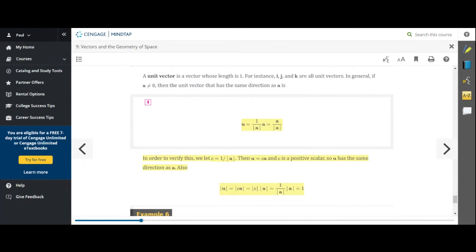I'm going to use length because we're in multivariable calculus. But the length of c times a, you can factor the scalar out, and the scalar is defined as 1 over the length of a, and so you get a length of 1 for the vector u. Again, it helps to do some problems to give you a feel, but that's an intuitive feel for that concept. I tend to like working examples, but are there any questions on that?